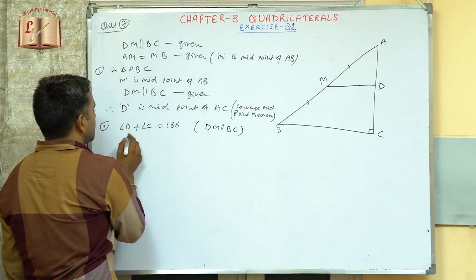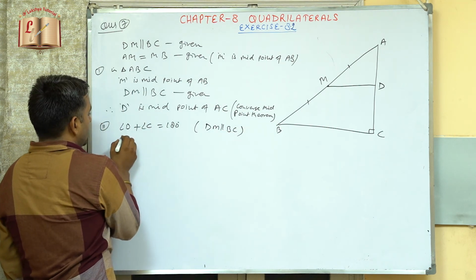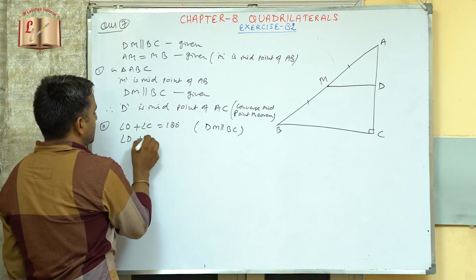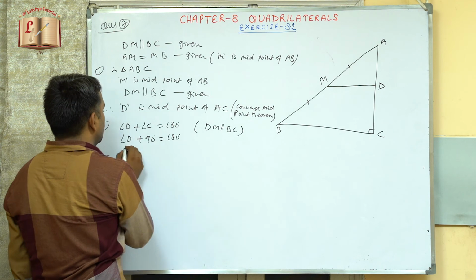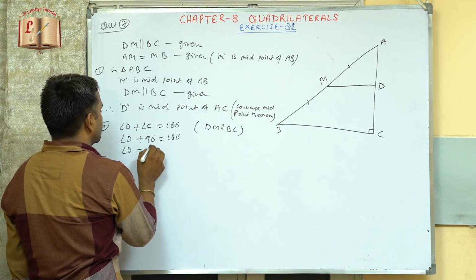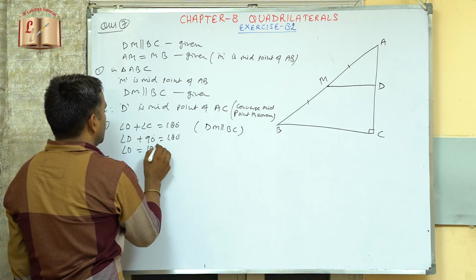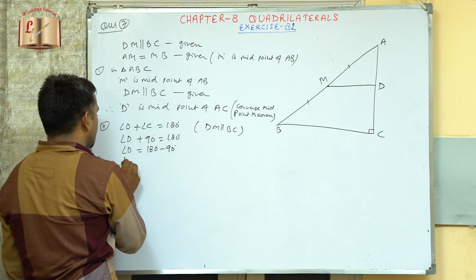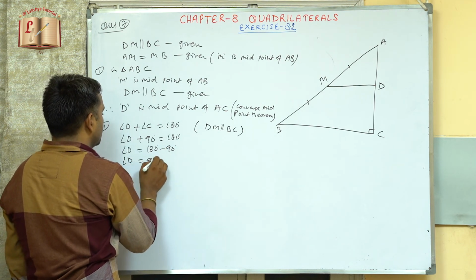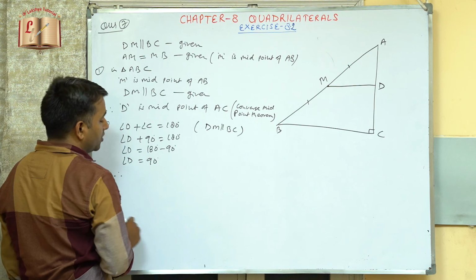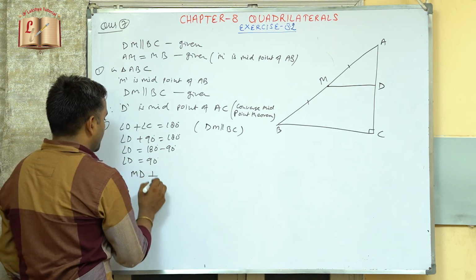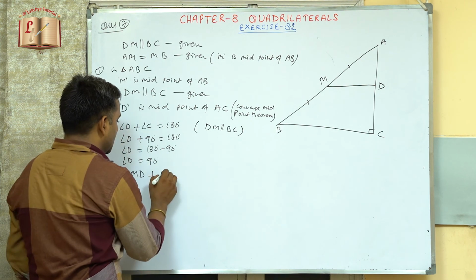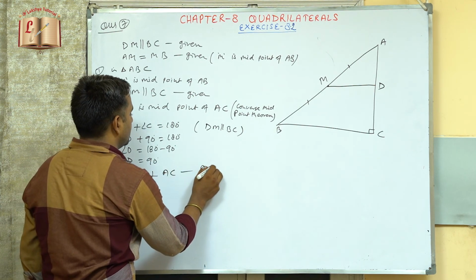It is given to us. So angle D plus C, which is 90 degree, equals 180 degree. Therefore angle D equals 180 degree minus 90 degree, angle D equals 90 degree. Therefore we have proved that MD is perpendicular to AC. So this is proved.